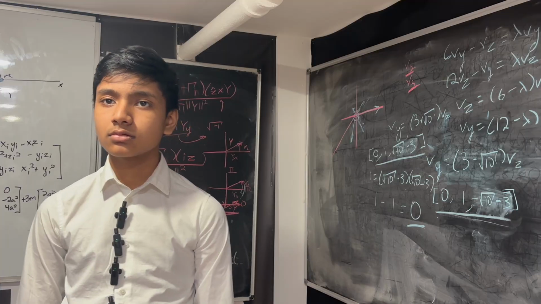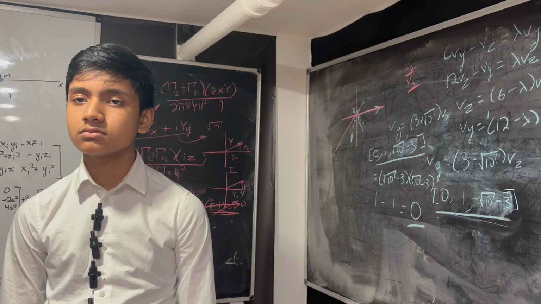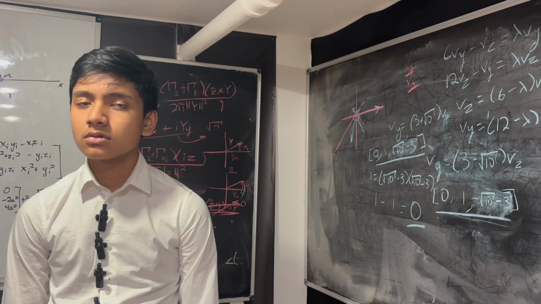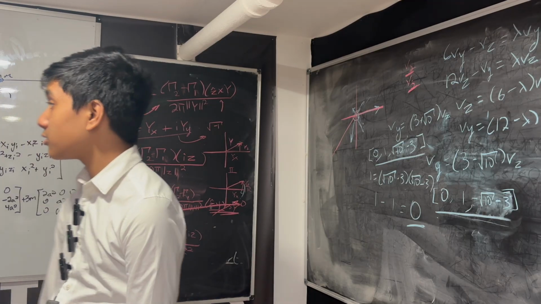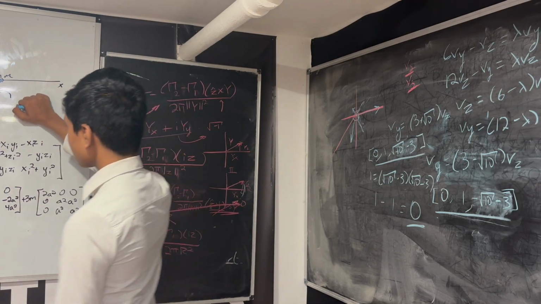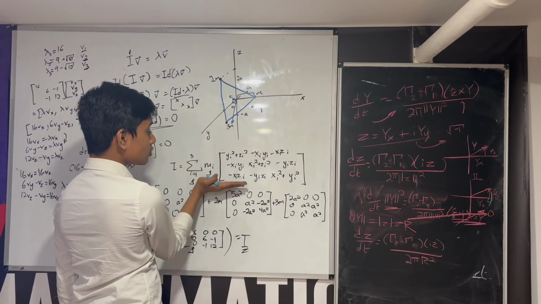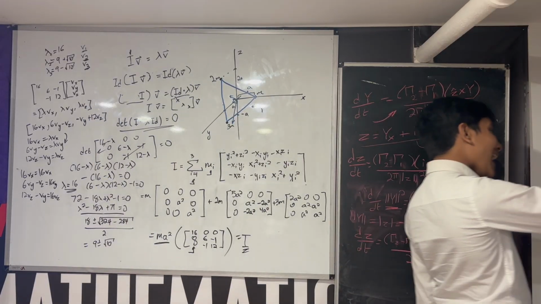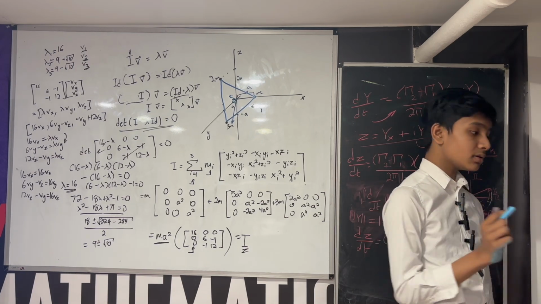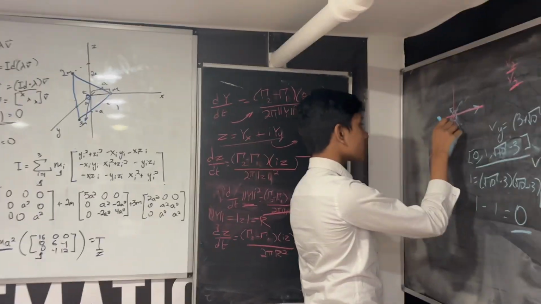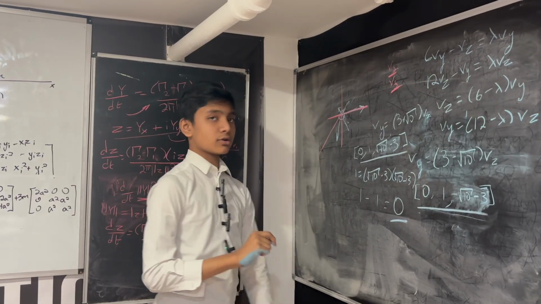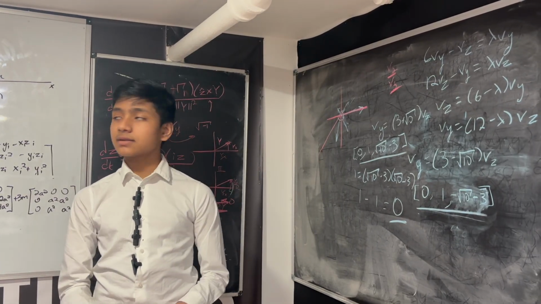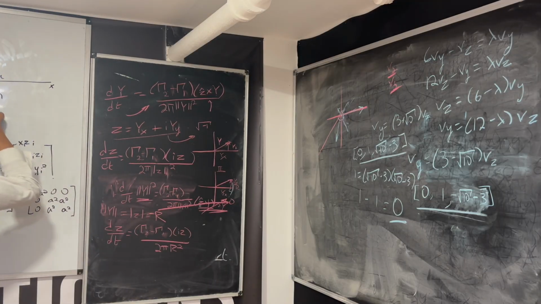So that's it. Thank you. Some people ask, what is this? Can you explain it without math for 10 seconds? No. Okay, so we're going over the moment of inertia. Well, the inertia tensor, which can tell you the moment of inertia, and the principal axes, which are like the stable orientations, or in other words, the points where the moment of inertia is maximized and minimized, the stable points of this configuration of point masses.